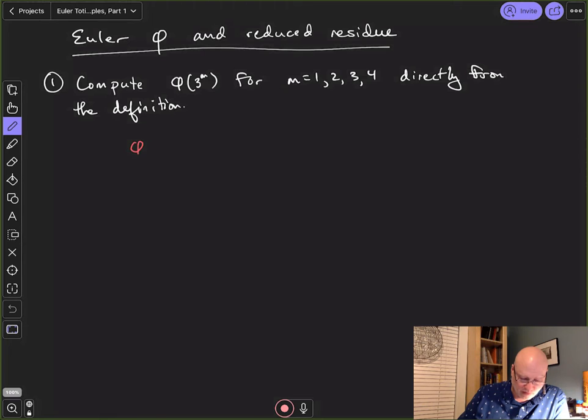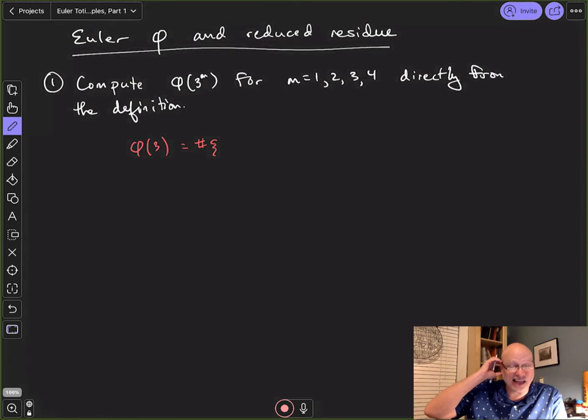The first one is phi of 3. So what is phi? Phi is essentially the number of elements in Z3 that are relatively prime to 3. So 0 is never going to be in here. 0 is not relatively prime to anything, because 0 is divisible by anything.